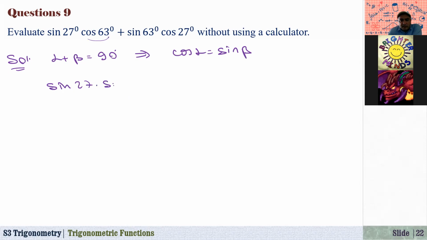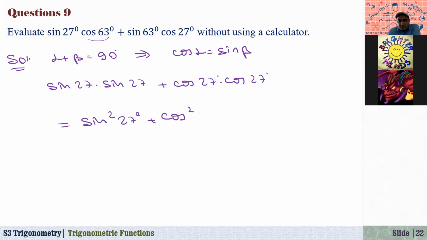That is equal to sine of 27. Plus, here we have sine of 63, that is cosine of 27, and cosine of 27. So now here we have sine squared 27 degrees plus cosine squared 27 degrees. And if these angles are equal and they are squared, they're always equal to 1.